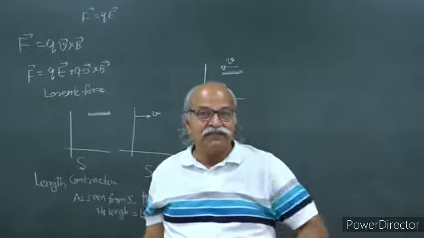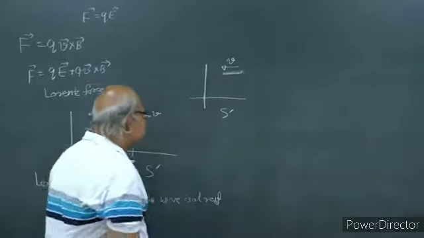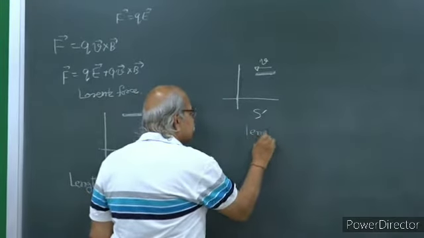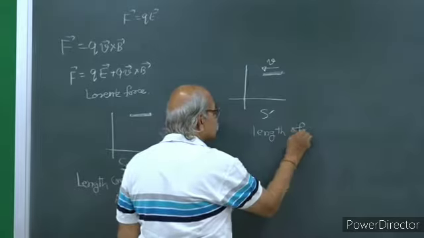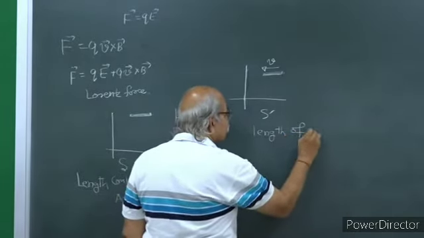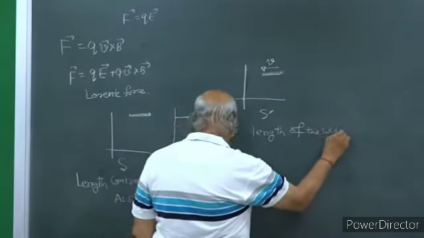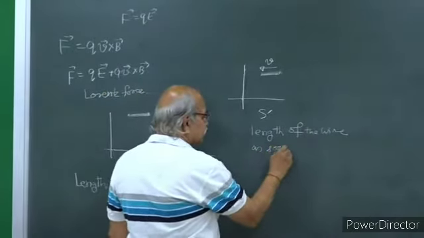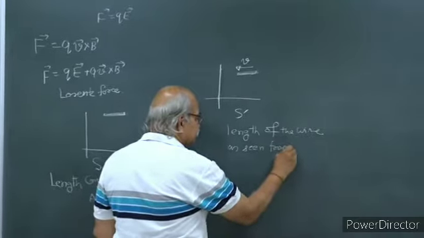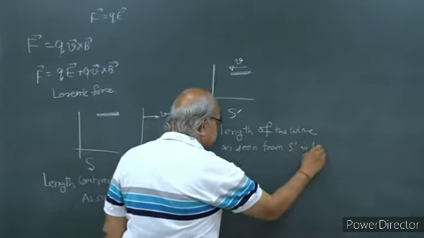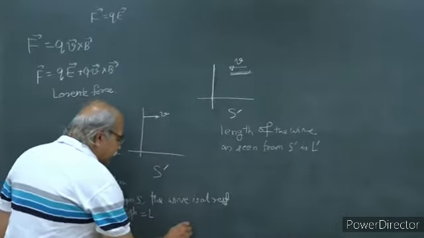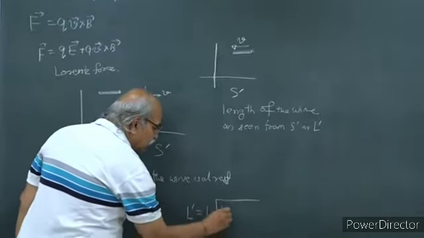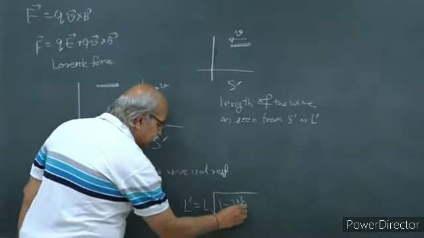It comes from the special theory of relativity, and that is, the length of the wire as seen from S prime is L prime, different, and the rule is that L prime is equal to L times the square root of 1 minus v square by c square.